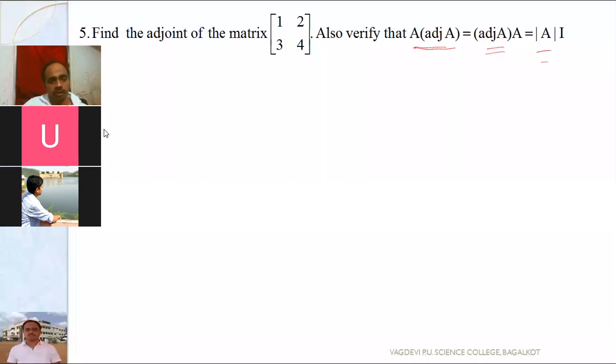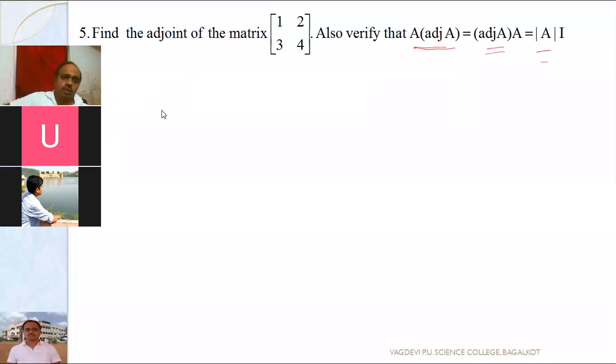You can leave out minors. Directly, you can find cofactors. It's very easy. Just write plus, minus, whatever is there, and write the minor. So directly, you can write the cofactor by taking that plus and minus. So you get the cofactor matrix. If you take the transpose, if you convert rows into columns, we get adjoint. So adjoint of a matrix is nothing but the transpose of the cofactor matrix.